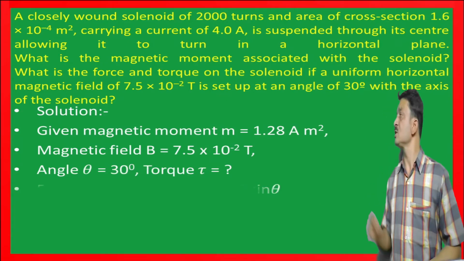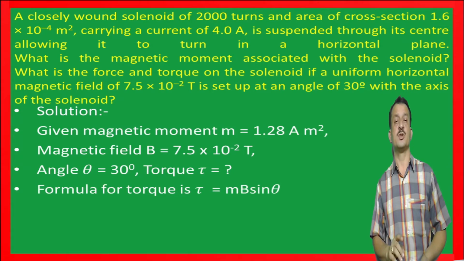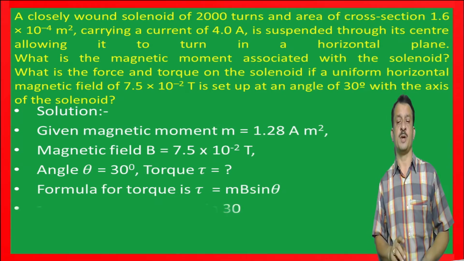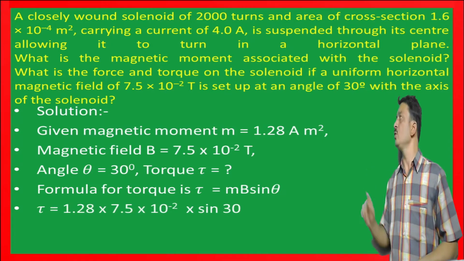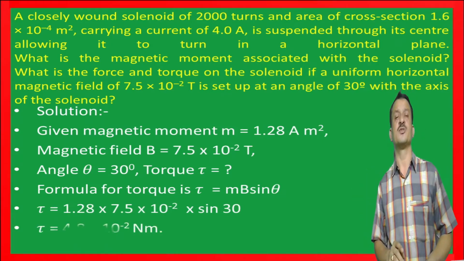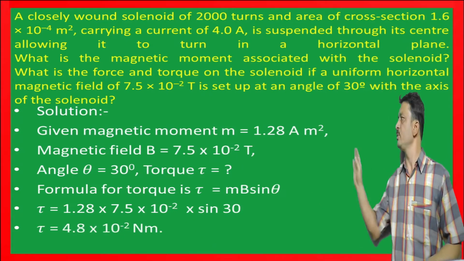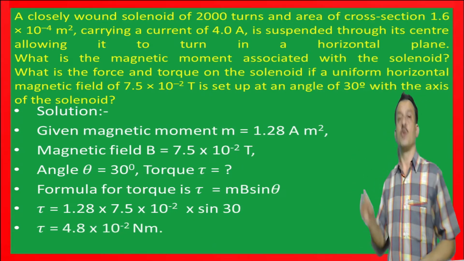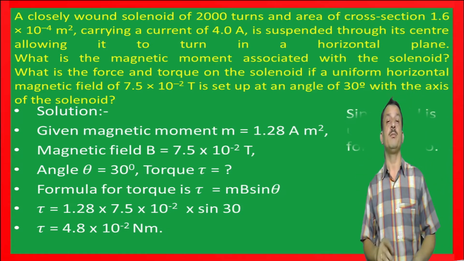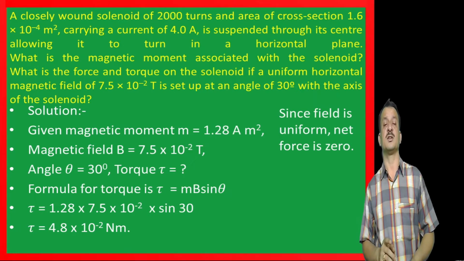The formula for torque is equal to mB sin theta. So substitute the values of m and B, 1.28 into 7.5 into 10 raised to minus 2 into sin 30. We are already familiar with the value of sin 30. Value of sin 30 is half, and after simplification I will get 4.8 into 10 to the power of minus 2 Newton meter. Now this is the torque.